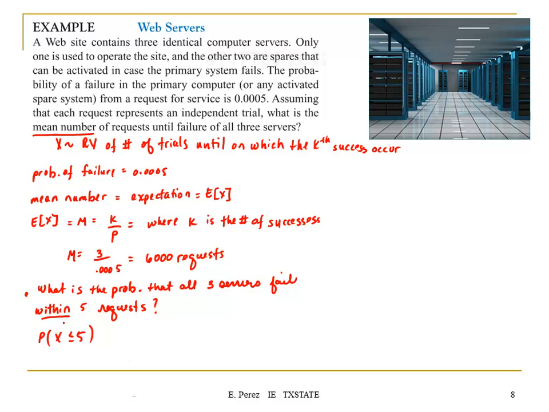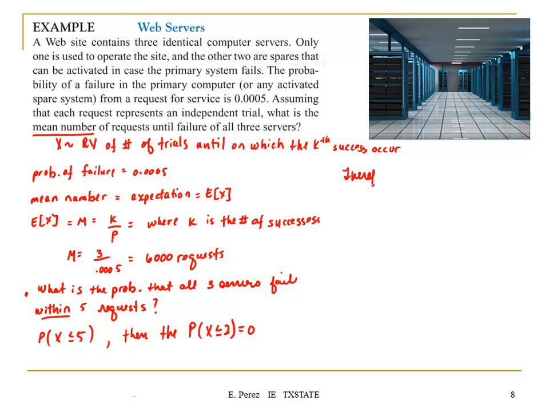So the probability of x being less than or equal to 2 will be equal to 0 for this problem, because if you want all 3 servers to fail, you're going to need at least 1 request for each server.